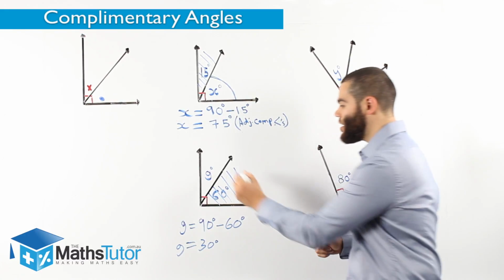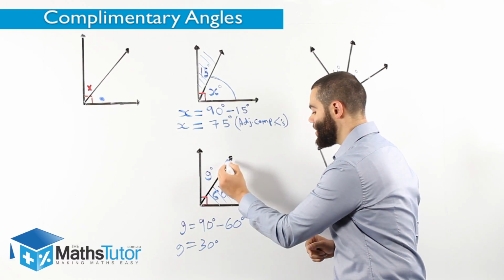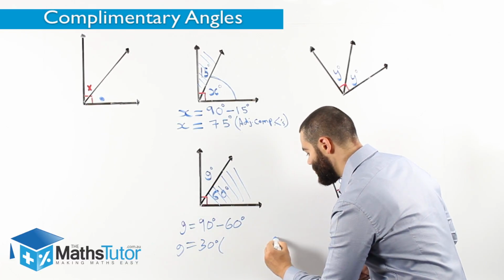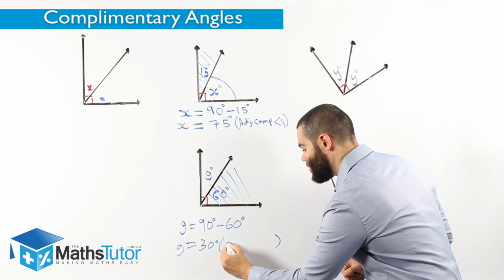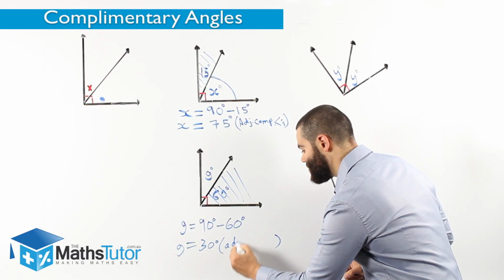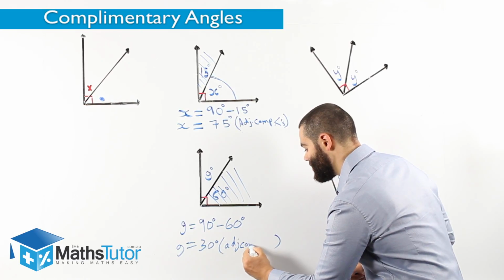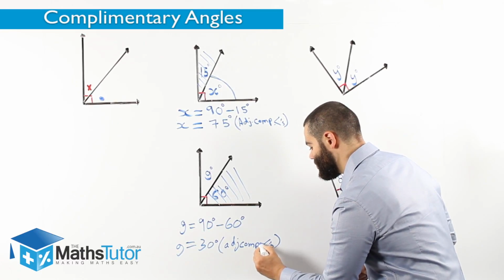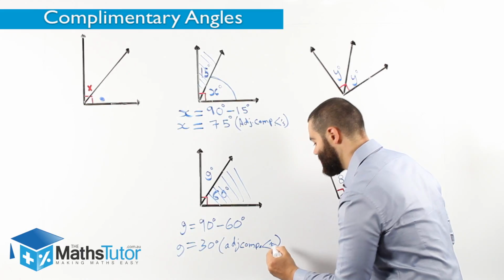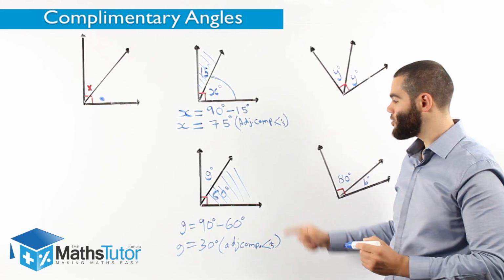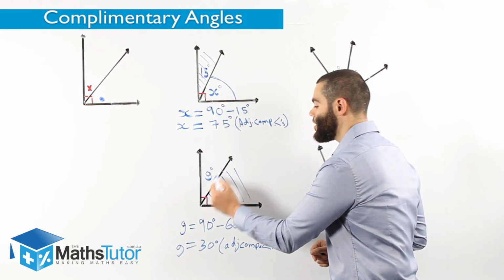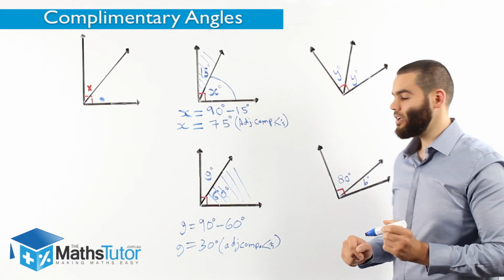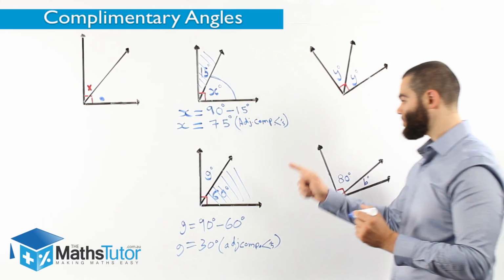So G is 30 degrees, and of course we have to write our reason: adjacent complementary angles. This is the reason why we are saying G is 30 degrees.